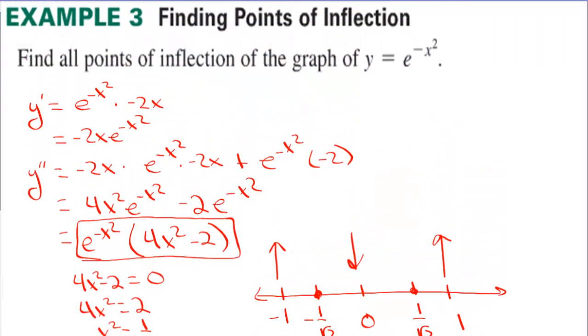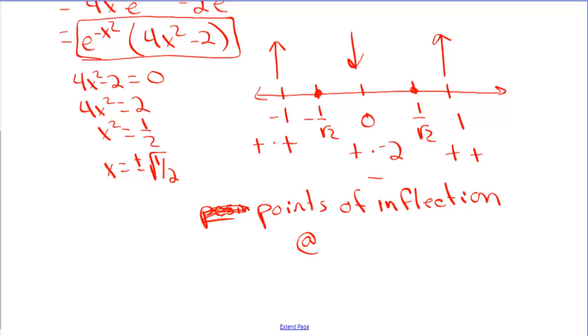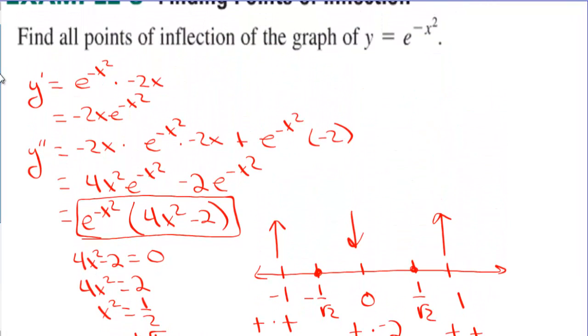Now it said find all points of inflection. So we have points of inflection at negative 1 over square root of 2, comma, and if we plug that into the original function, we have e to the negative 1 over square root of 2 squared, e to the negative 1/2, so 1 over square root of e.